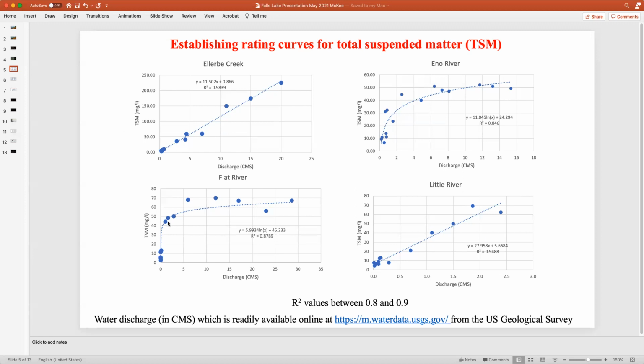And in these larger tributaries like Flat River and Eno River, it's more of a logarithmic approach to a plateau. And the R-squares for all of these are between 0.8 and 0.9, so pretty good relationship.